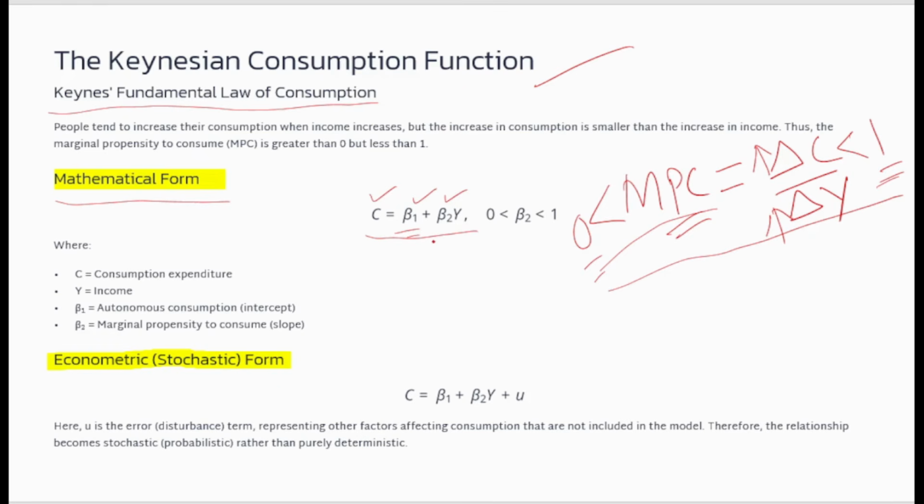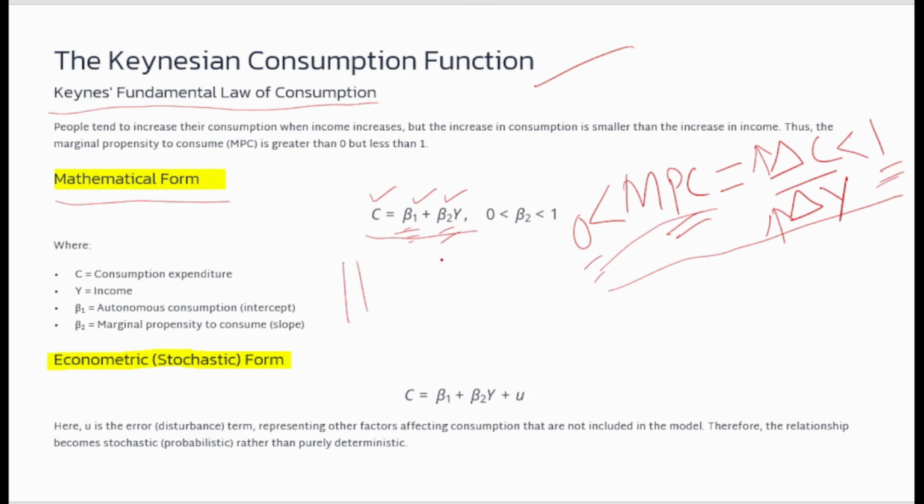Even if a person has no income, he or she still consumes a certain amount of goods and services for his or her existence. So it is the autonomous consumption, and beta 2 is the slope coefficient, or the MPC, which lies between 0 and 1. Here C is the consumption and Y is the disposable income.